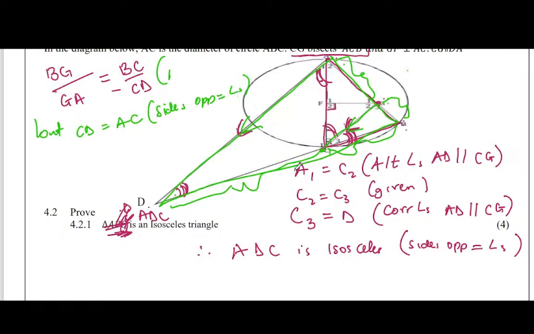So instead of using the CD, we can just use the AC. So BG over GA must be the same as BC over AC, where the CD can replace the AC. And then that is proved. That is for 4.2.2.